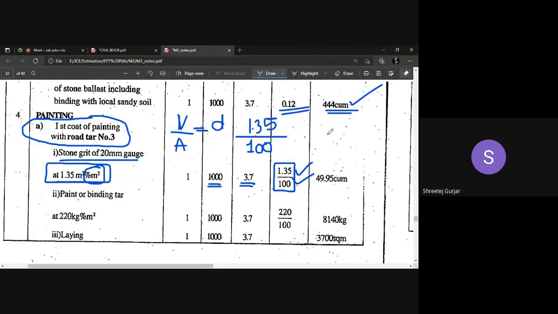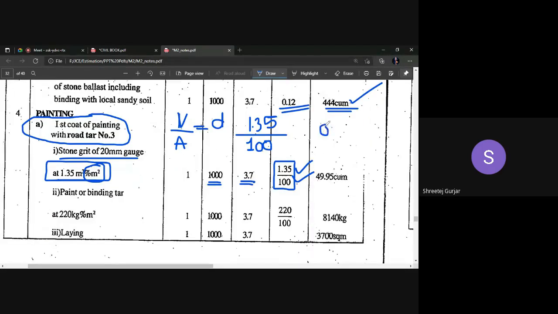In the previous numerical, if you recall, it was given as 0.25 meter cube per 100 square meters. So this per 100 is taken as percentage, and they have written it as a symbol, per 100 meter square.